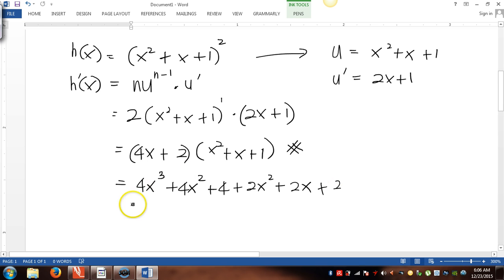Please make sure you expand and then simplify. For x squared terms, 4x squared plus 2x squared gives 6x squared, plus 2x, plus 4 plus 2, which gives 6. It's okay to give this answer.